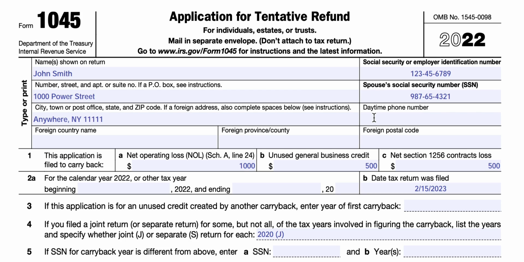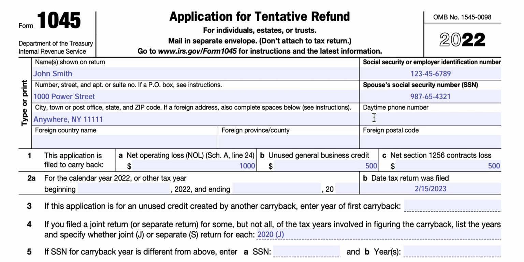Just keep in mind that the procedures for filing Form 1040-X and Form 1045 are different. The IRS does not promise that they will process your 1040-X within 90 days. However, if they do not act on your 1040-X within 6 months from the date of filing, you can file suit in court.